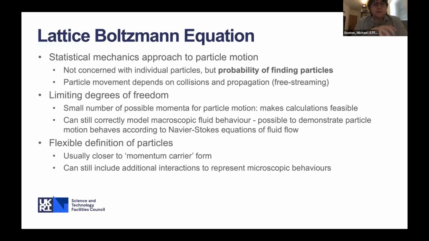And the particles are going to move based on colliding together and then propagating or free streaming around. To help make the calculations feasible, we're going to limit the possible momenta each particle could have. So it means that the particles can only move from point to point on a grid.